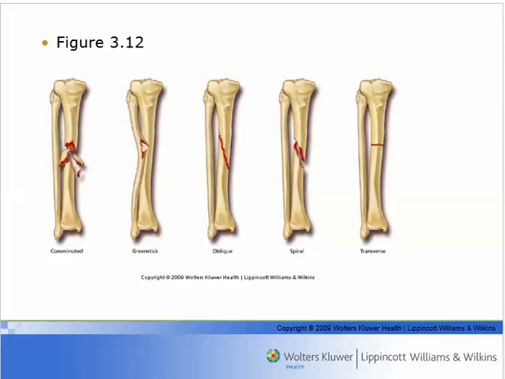It's very much akin to if you want to break the end off a coat hanger, you bend it back and forth, back and forth until it just breaks, until it gives up. That's called metal fatigue. Now, bone isn't anywhere near as flexible as the metal, so it fatigues much sooner.